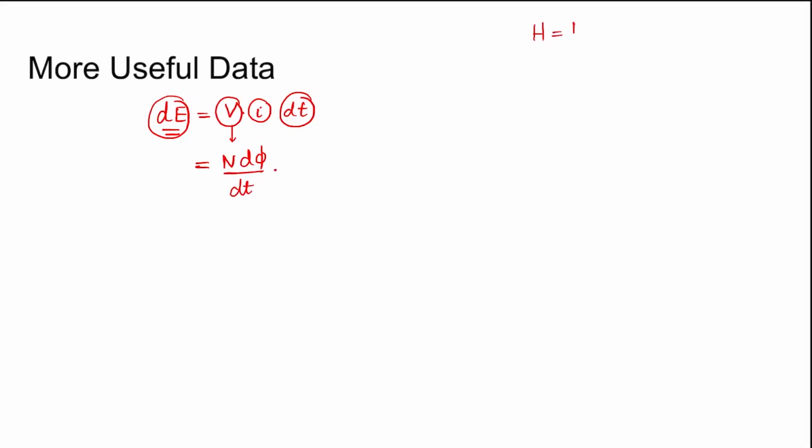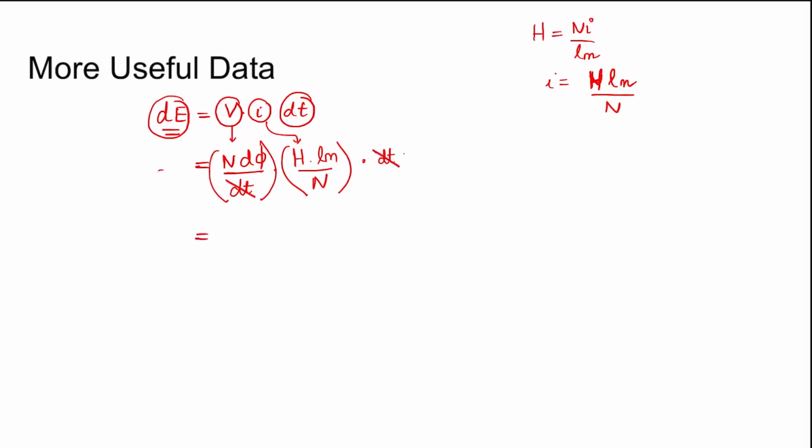H equal to Ni by Lm, so I can be written as H into Lm by N. Writing I as H into Lm by N, multiplied by dt, now dt gets cancelled. So this is dE. N gets cancelled, giving H Lm d phi.